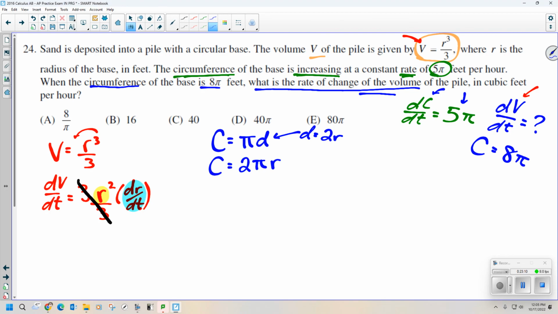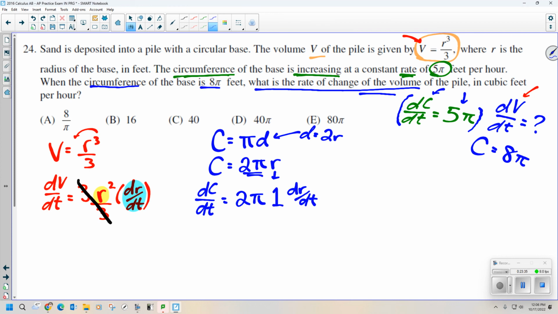I'm going to just mash the pi in there. Okay, that's circumference. If I take the derivative of circumference and make that equal to 5 pi, dC/dt is, these are constants, they'll stay the same, 2 pi. The derivative of r is really 1 times dr/dt.